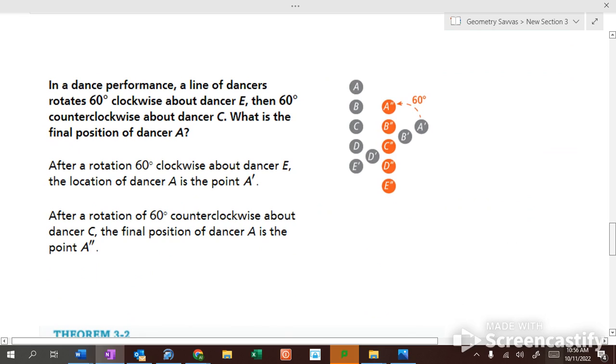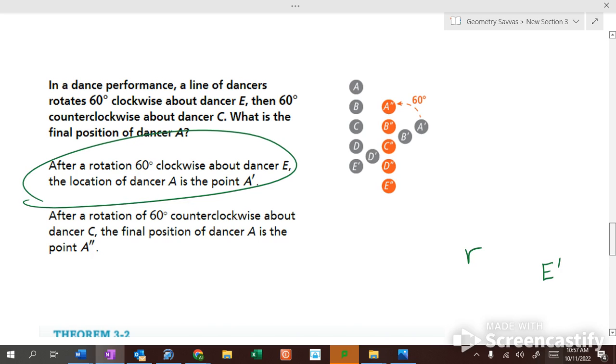Okay? So what's the combination of rotations for this one? First, we're going to rotate around E. Then we're going to rotate around C. So we're going to rotate around E prime. And then the rotation is 60 degrees clockwise. Is that a negative 60 or a positive 60?